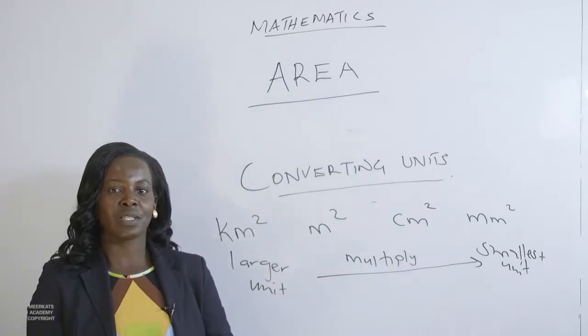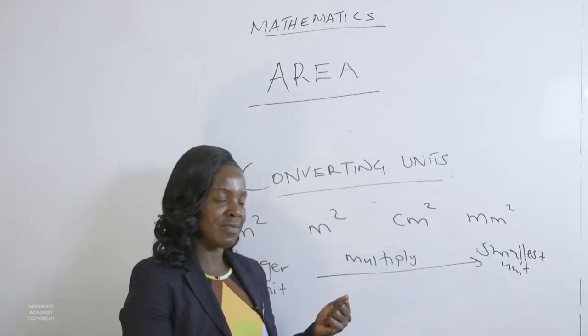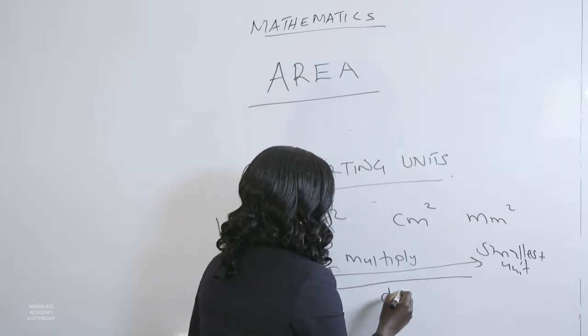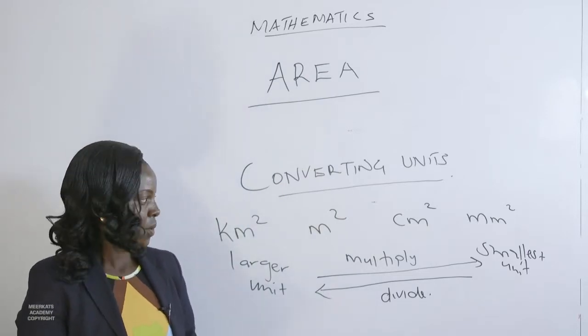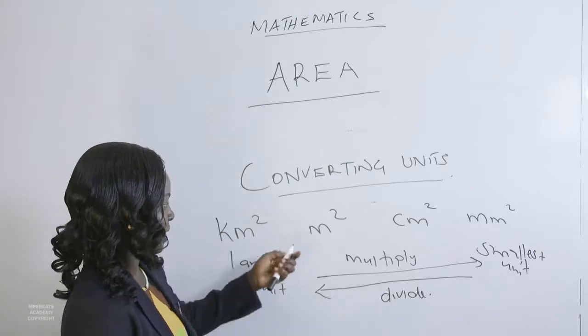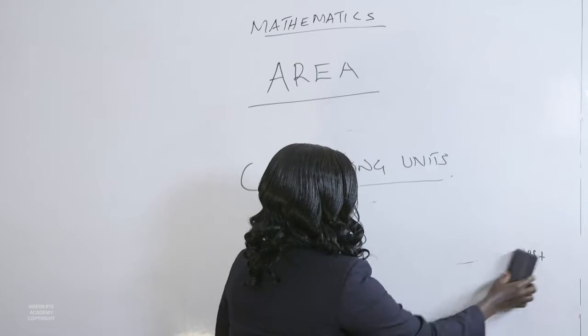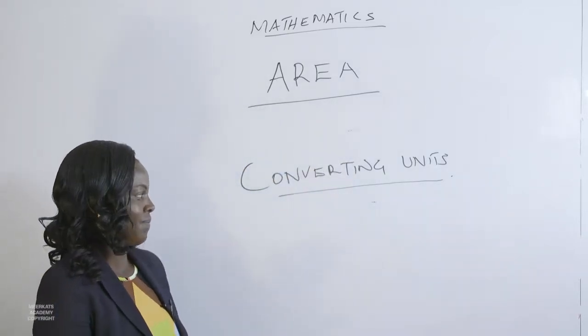But if we are moving from a smaller unit, converting it to a larger unit, we said you divide. So let us look at the differences, or how to convert from one unit to another.